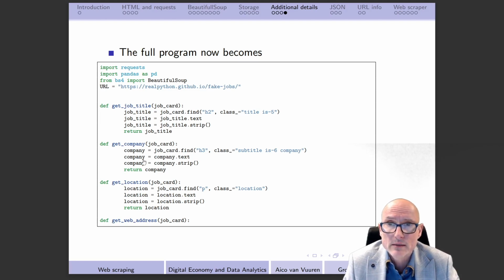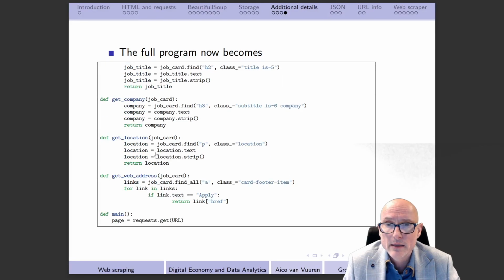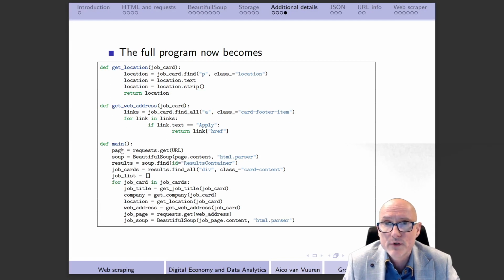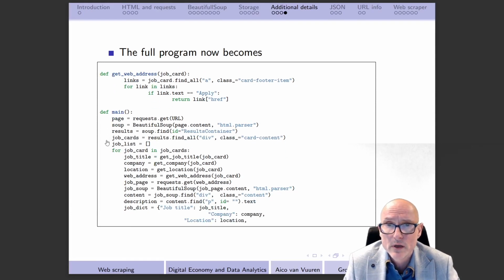Here we are going to get a couple of different functions, and then in the end a very long function main, which is going to give us all the different elements of the things that we would like to scrape.